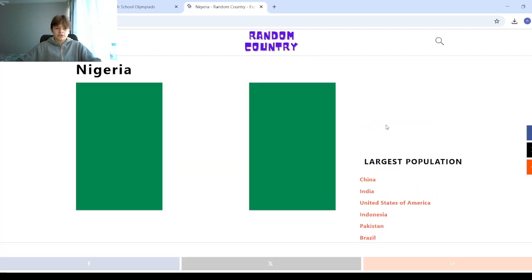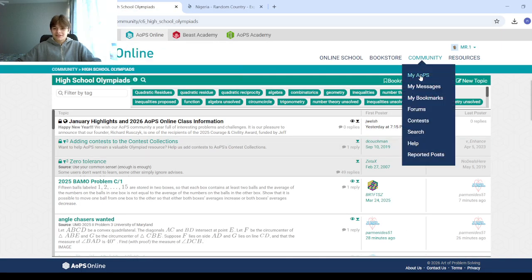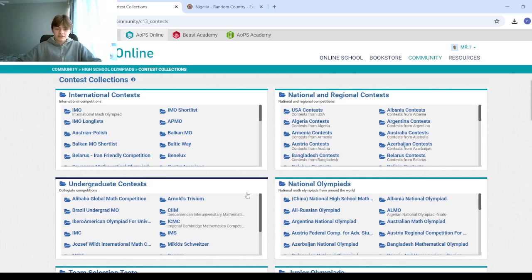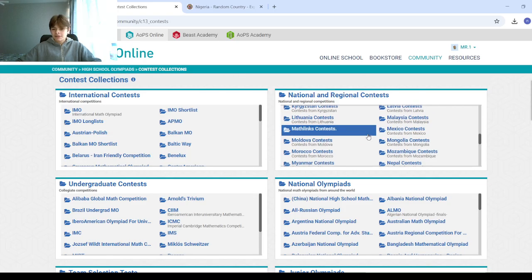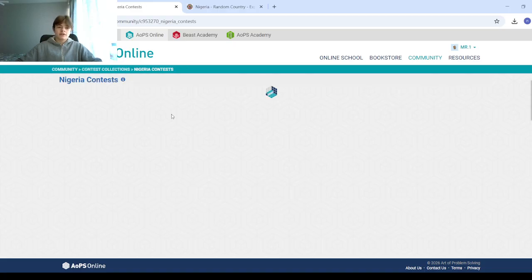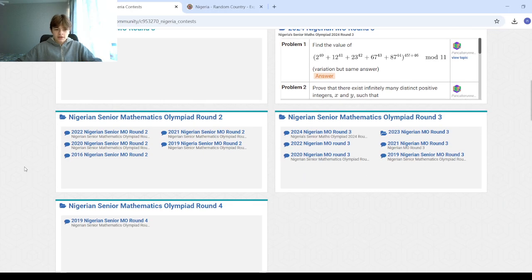And our country is Nigeria, so let's go to contests and where's Nigeria? Here. And I will try to find a functional equation if there is any.